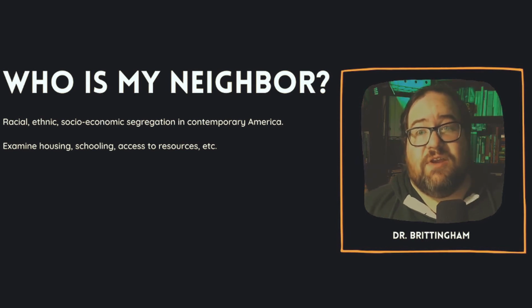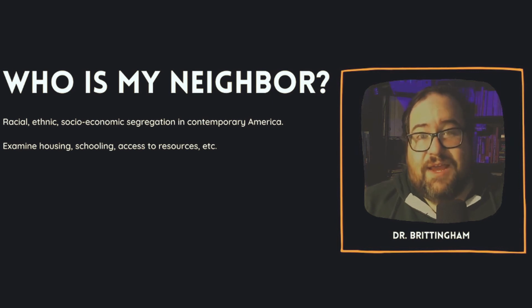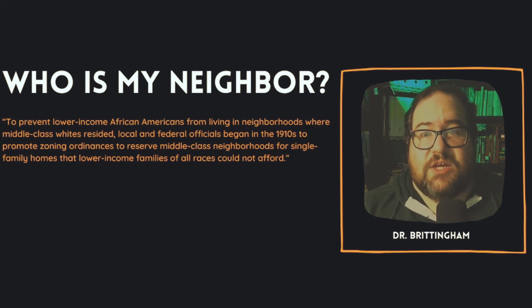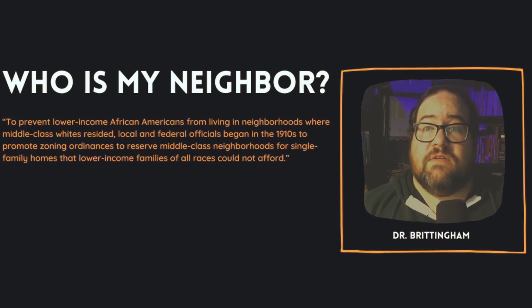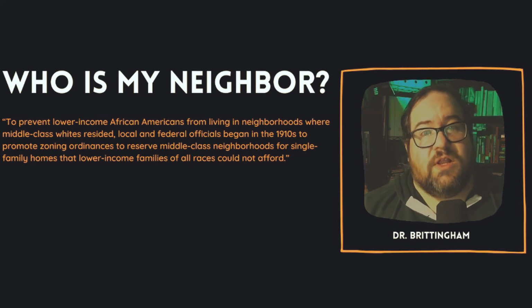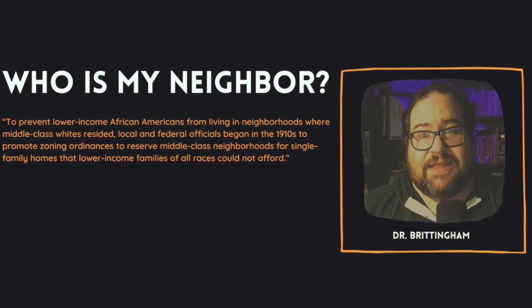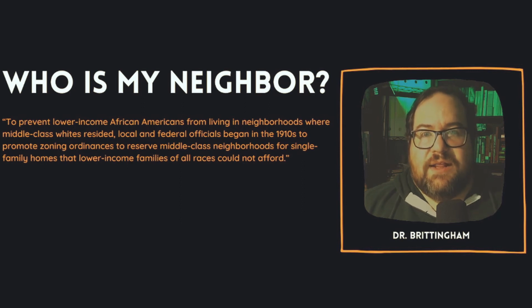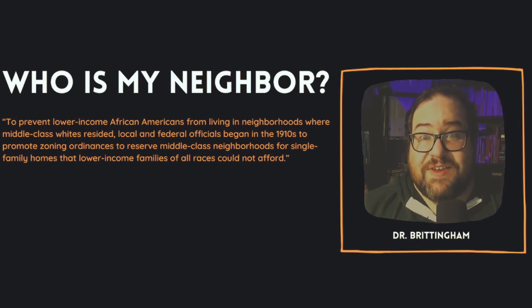As noted segregation scholar Richard Rothstein has pointed out in his landmark text, The Color of Law, to prevent lower-income African Americans from living in neighborhoods where middle-class whites resided, local and federal officials began in the 1910s to promote zoning ordinances to reserve the middle-class neighborhoods for single-family homes that lower-income families of all races could not afford.